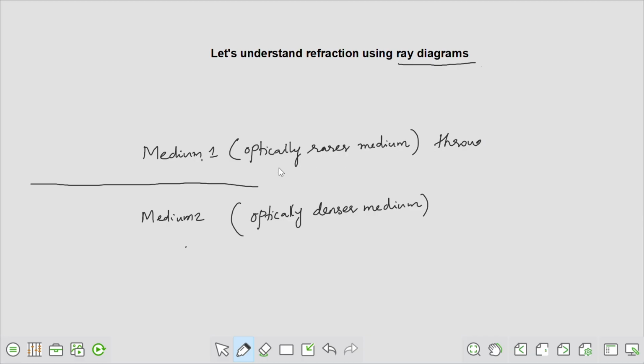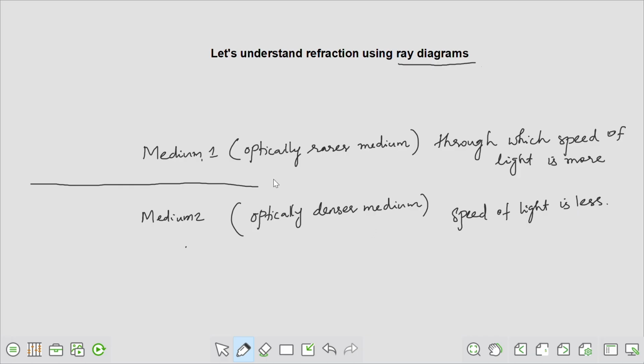An optically rarer medium is a medium through which the speed of light is more. An optically denser medium is a medium through which the speed of light is less.